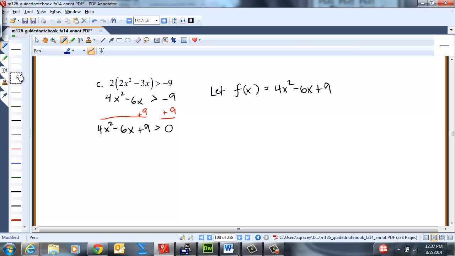So first step, find the zeros. So 0 equal to 4x squared minus 6x plus 9. I'm going to use the quadratic formula again.